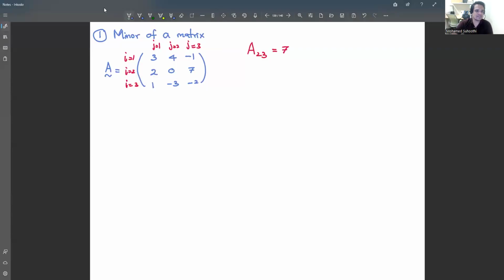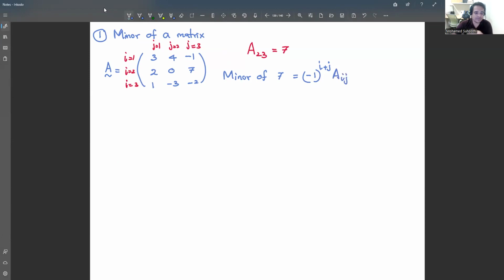What we define as a minor, for example the minor of element 7, is minus 1 to the power i plus j into that element, that means a_ij, right?